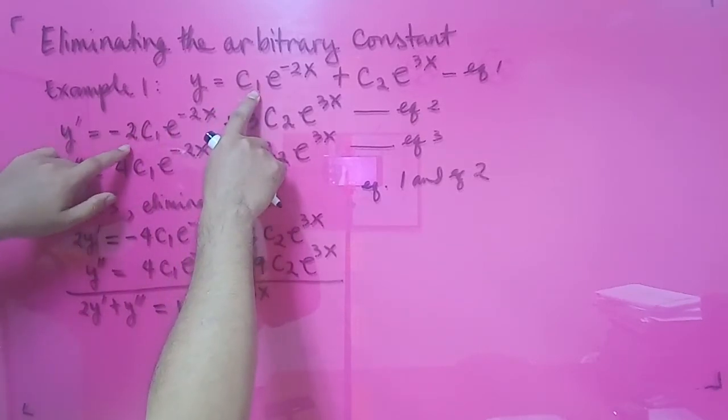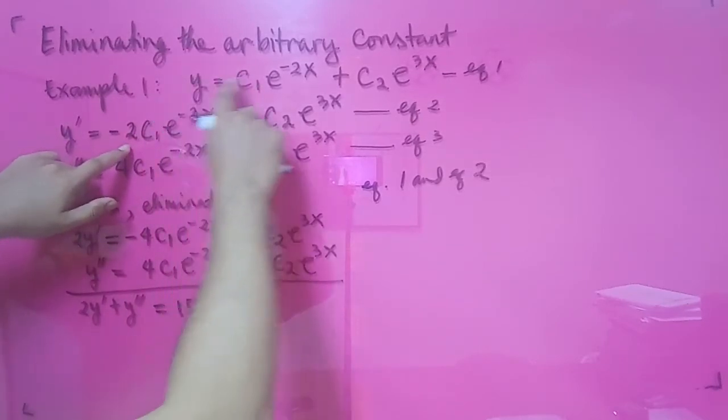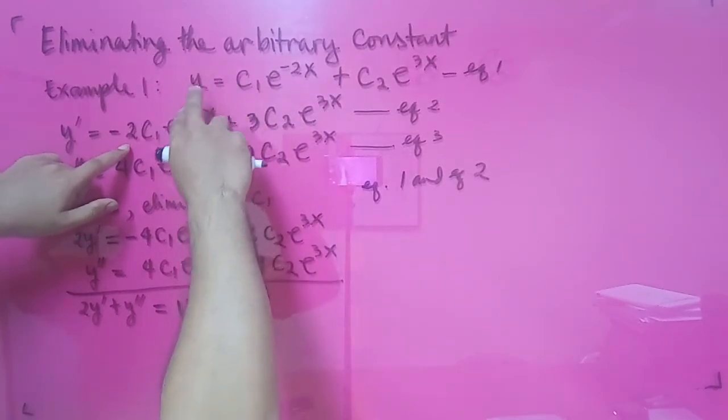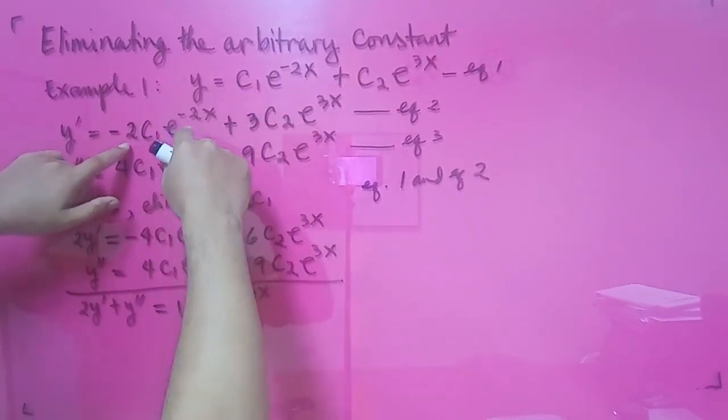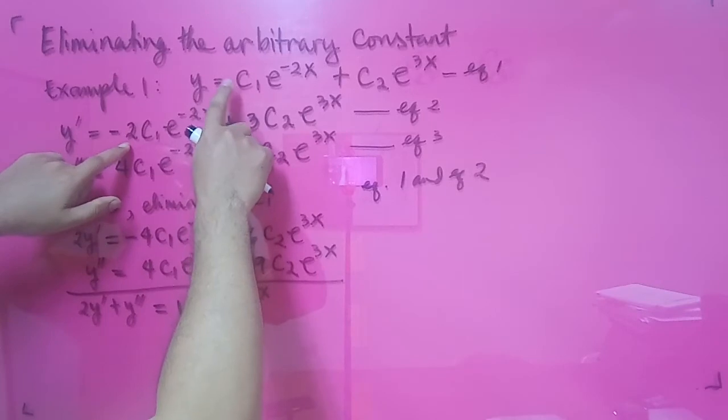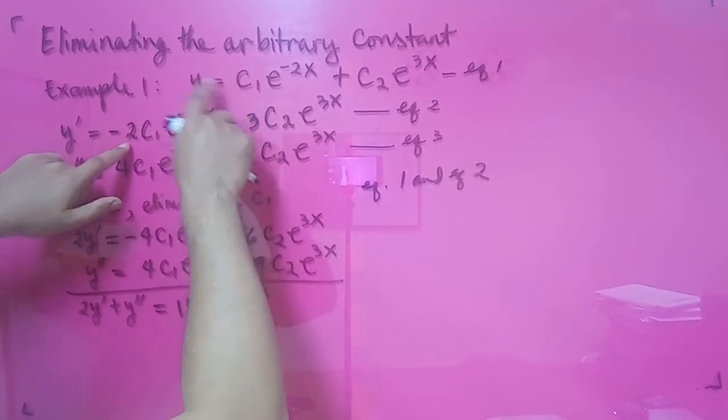This is negative 2, so if we add these two equations, I have to multiply the first equation by 2.